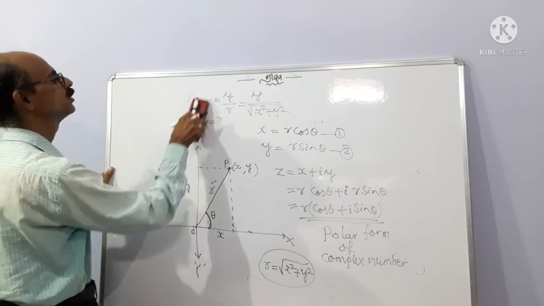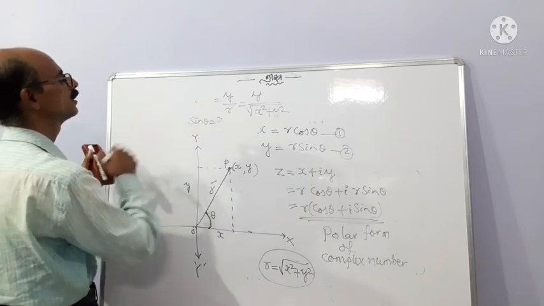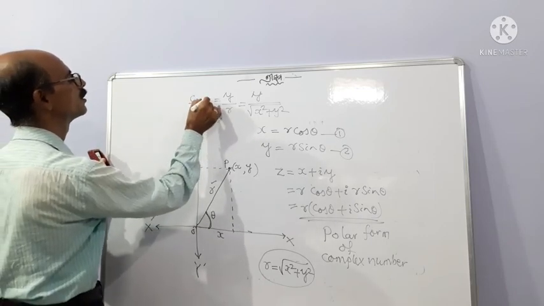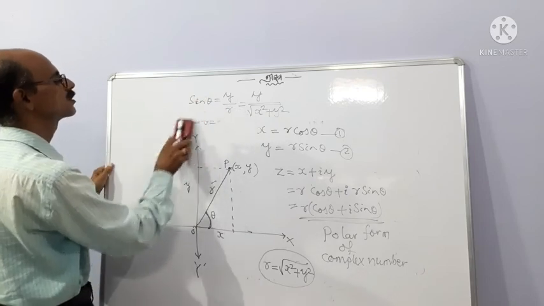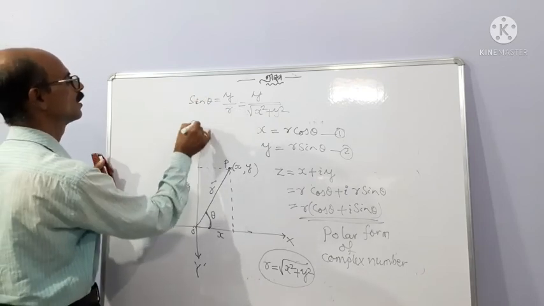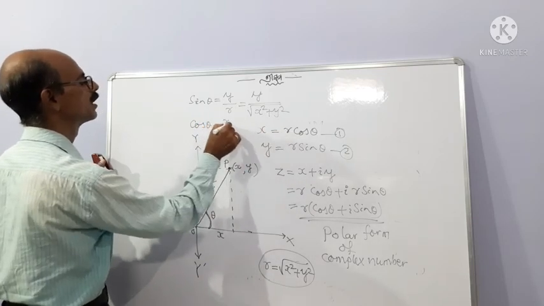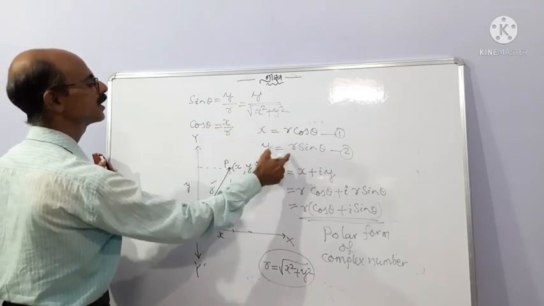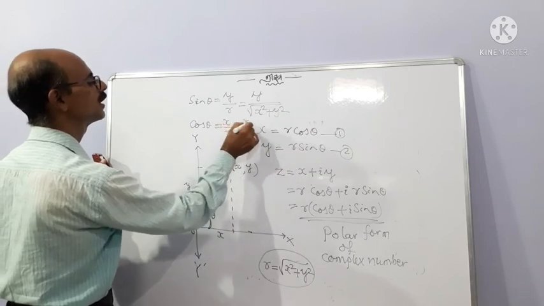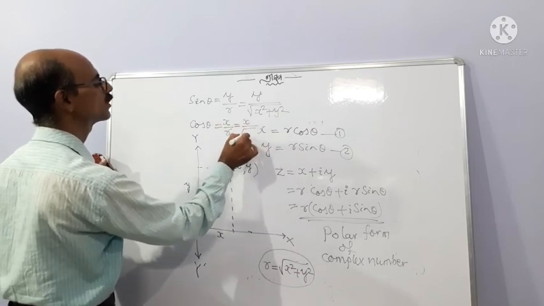I got it reversed. From here cos theta is x by r and sin theta is y by r. So cos theta is x by root over of x square plus y square.